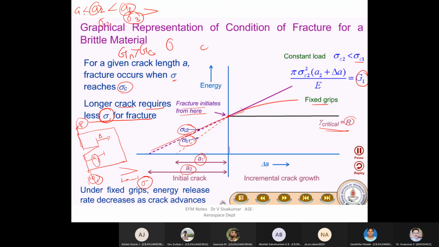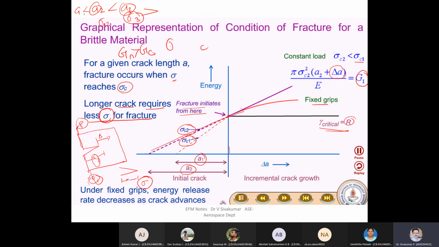So, what is the G? How to calculate my G? G is pi sigma square into crack length. This is the initial crack length. Then there will be a crack increase, delta A, by E. Pi sigma square A plus delta A by E. This is what G1.